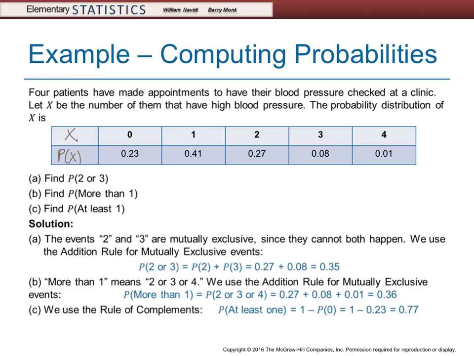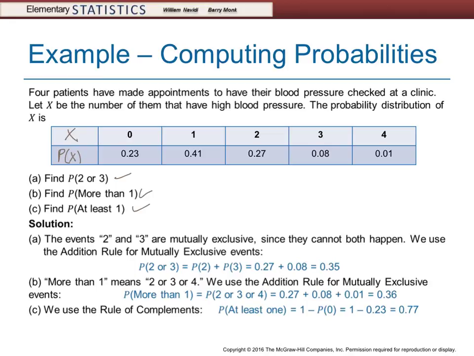So part A says find the probability of 2 or 3 folks coming in the clinic having high blood pressure. B is find the probability that more than one has high blood pressure. And then C is find at least one that has high blood pressure.